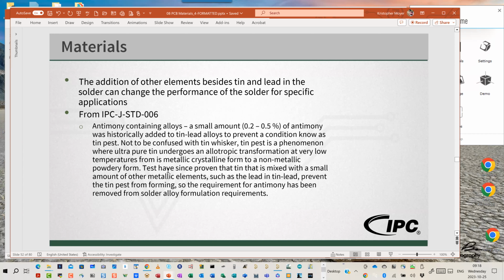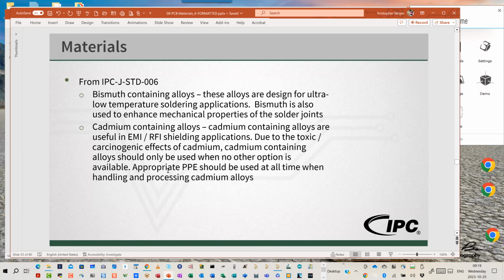The antimony-defined alloys are still available for legacy products, such as military applications, that were built, tested, and qualified with the antimony solders, and therefore the military says, we qualified it with antimony solder, you shall use antimony solder, even if we have to pay extra for it. So it can still be produced, but in general, it's not used anymore.